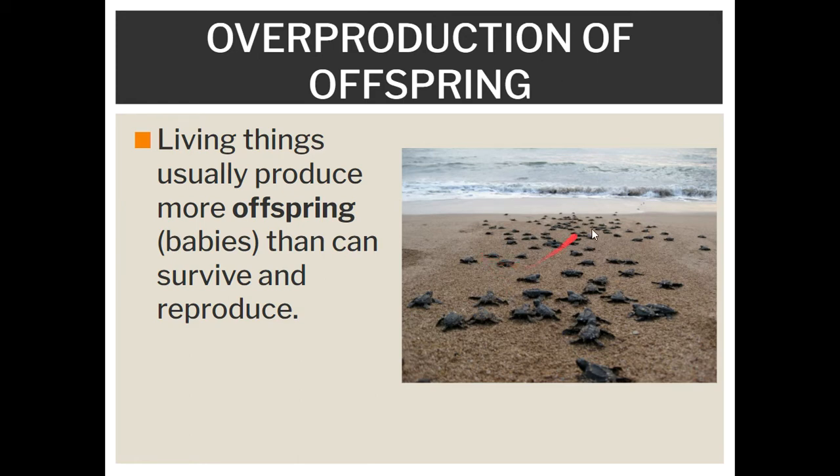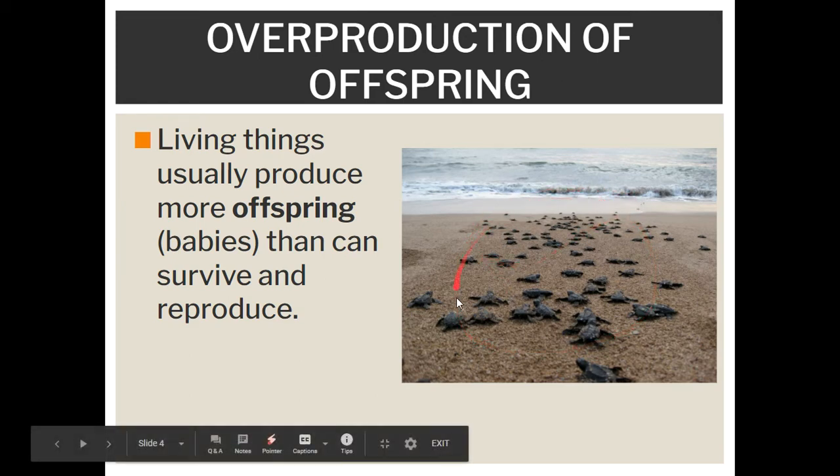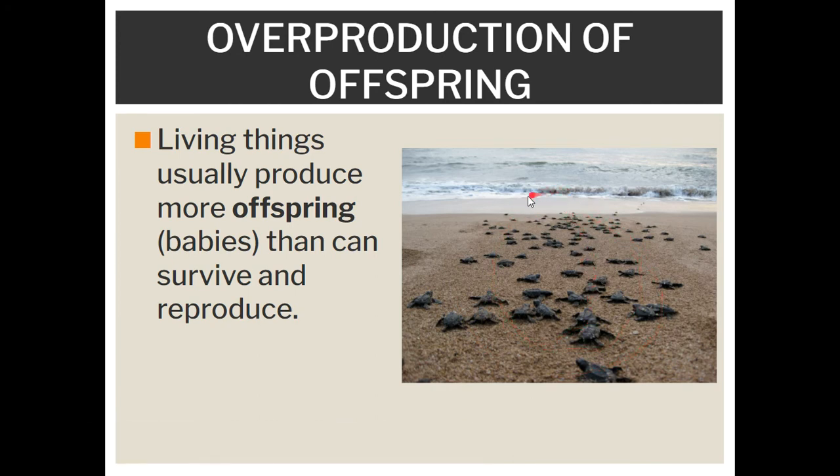But because of the environment that they're hatched in, not all of these baby turtles will be able to make it to the shoreline. So not all of them will survive. Some of them will probably get picked off by predators. Some of them will probably get distracted by the city lights that are behind them, and they'll accidentally head towards town, which means they'll probably get run over or just honestly starve to death before they can figure out their mistake.